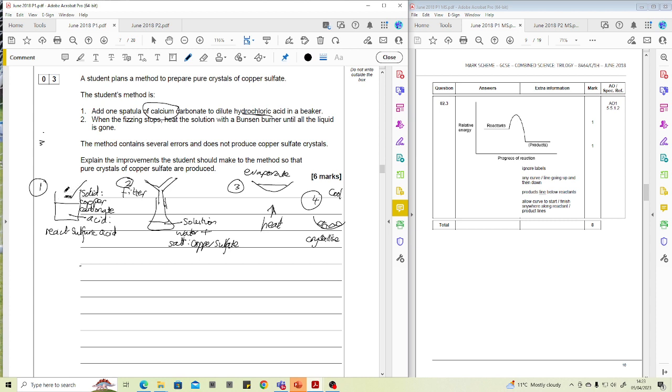Okay, and then we need to have excess copper carbonate so that all the acid is reacted. So we've got to react the sulfuric acid completely.